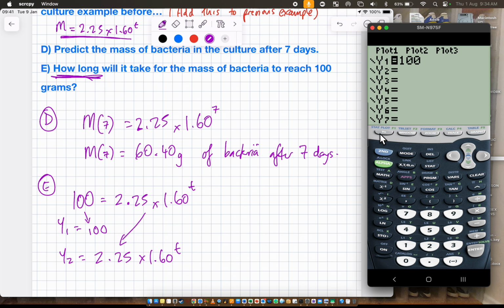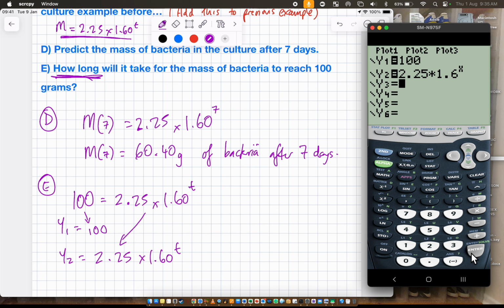What does the right-hand side look like? 2.25 times 1.6 to the power of... The way that you get x is this button here, it's got an x, t, theta, and n. You're not going to type the letter x like the alphabet. You're doing variable x, so you press this button.